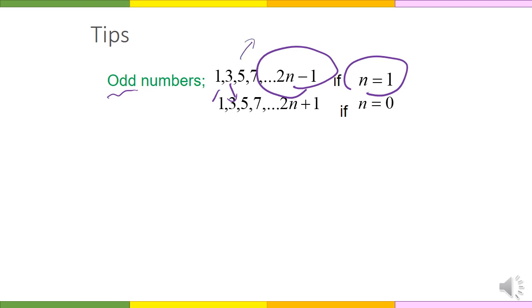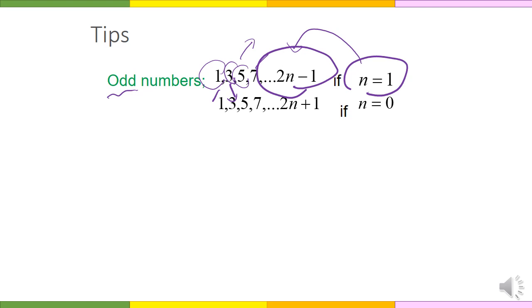For 7, n is 4. Okay, let's substitute in the formula. So we have 2 multiplied by 1 is 2, minus 1 is 1. And then 2 multiplied by 2 is 4, minus 1 is 3. And then 2 multiplied by 3 is 6, minus 1 is 5.